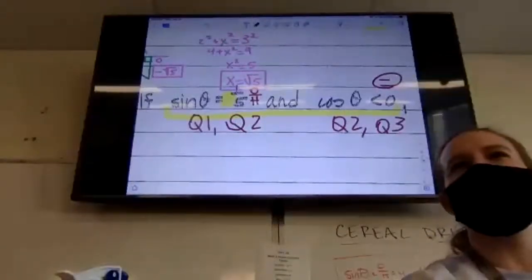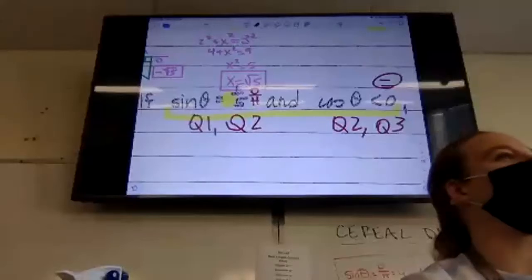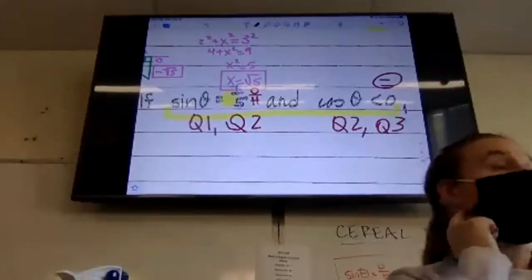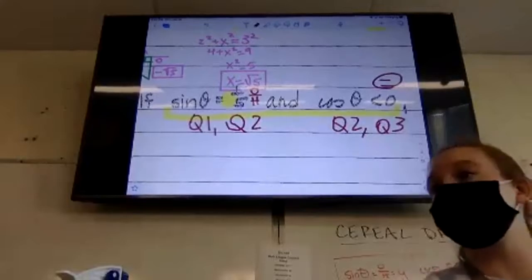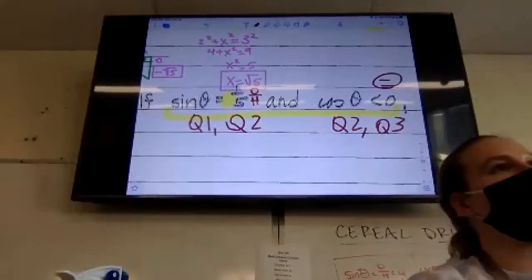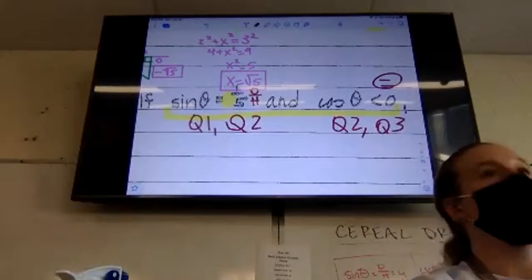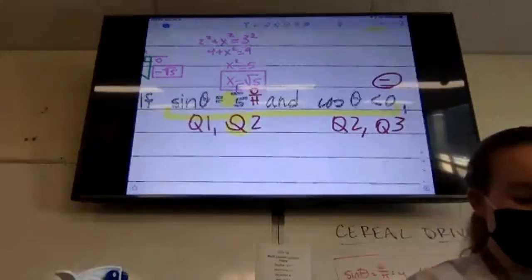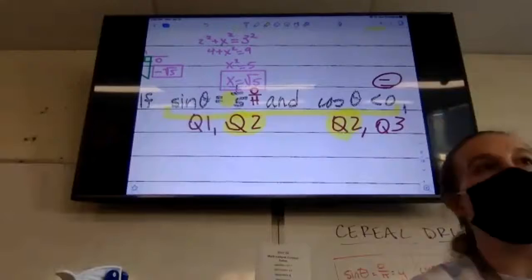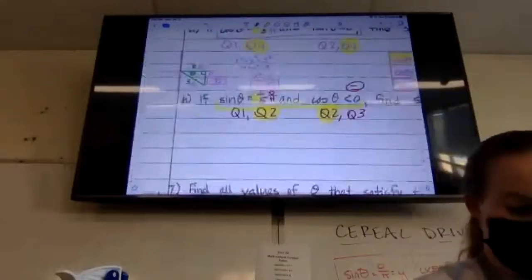If you have trouble figuring out where it's negative, I like to say where is it positive and then decide from there which is not positive. So if I know cosine's positive in 1 and 4, then 2 and 3 is where it's negative. Which quadrant am I going to draw this shape in? Quadrant 2? Draw your triangle in quadrant 2, and then label your opposite 1 and your hypotenuse 5.